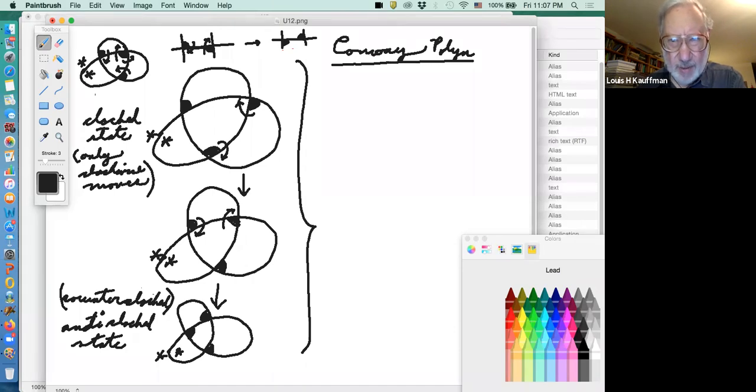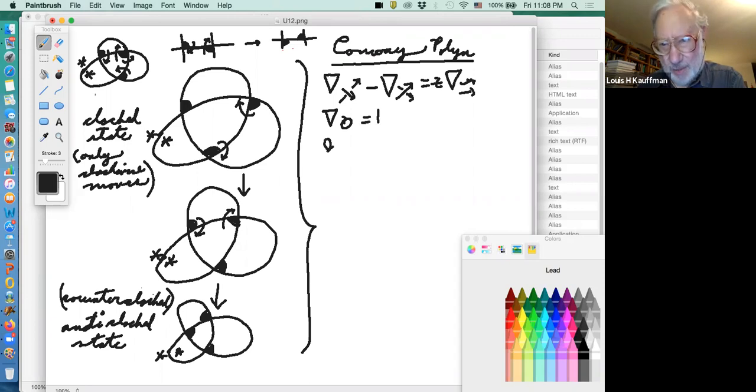So the Conway polynomial satisfies the following identity, that if you take this minus this, you get z times this. And the value of the unknotted circle is 1, and it's an invariant under Reidemeister 1, 2, 3. And that's Conway's formulation of the Alexander polynomial.